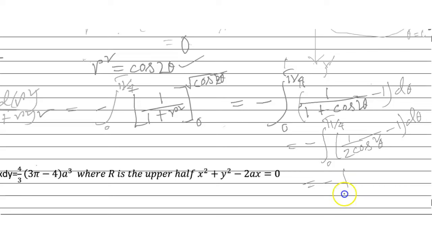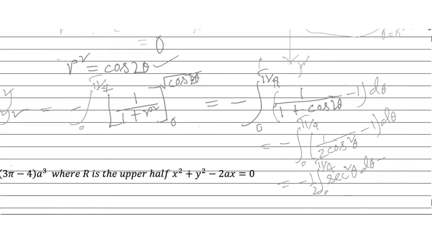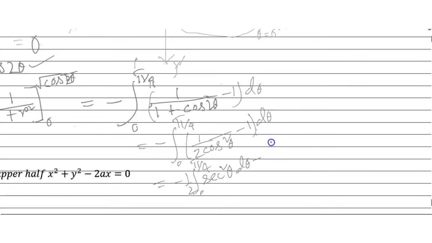And it can be written sec square theta. So 0 to pi by 4, half sec square theta d theta minus integration 0 to pi by 4 d theta equals half into tan theta from 0 to pi by 4 minus pi by 4.